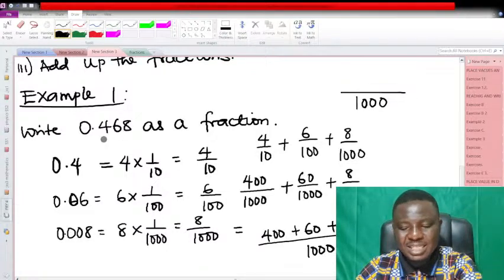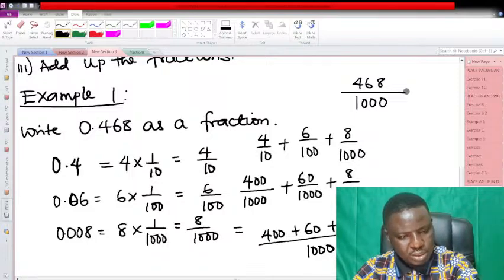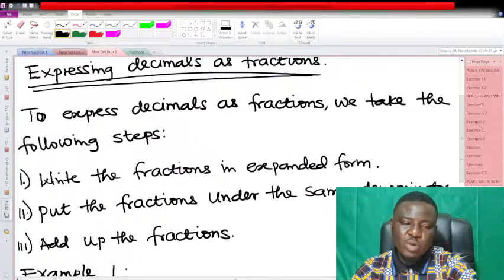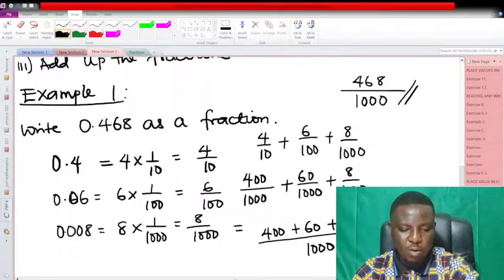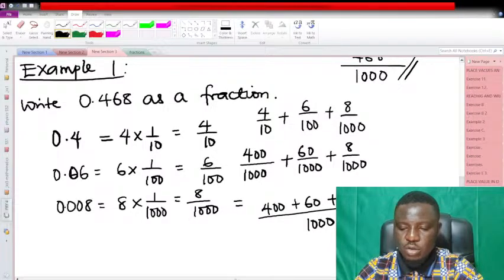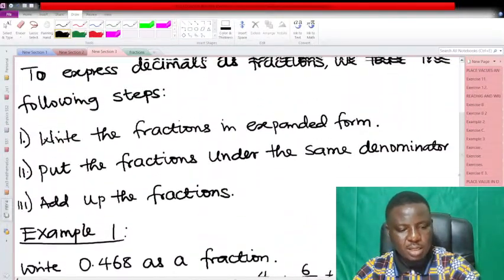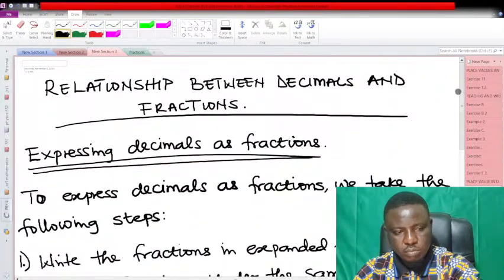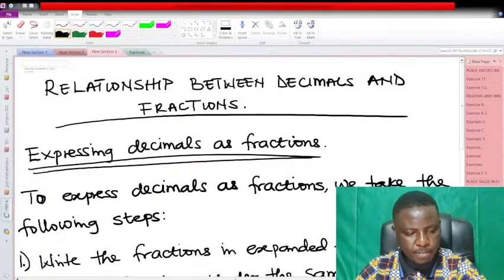And then pick the digits and write them as the numerator, which is 468. If you look at these two, you discover that they are the same thing. 468 over 1000. So that is the simplest way you can express a decimal number as a proper fraction.